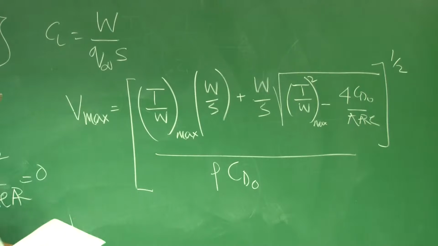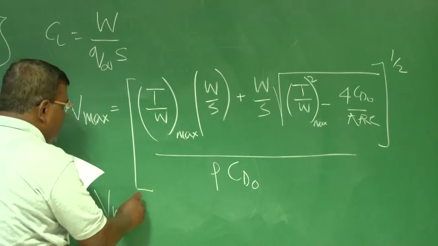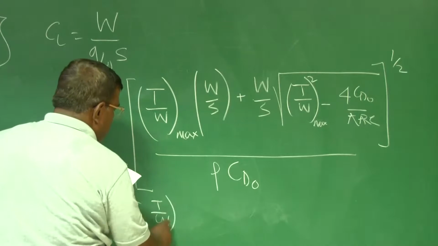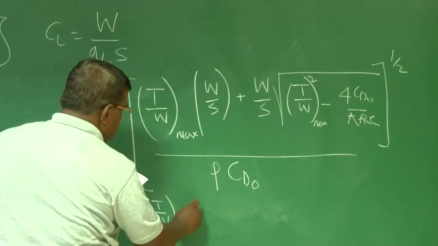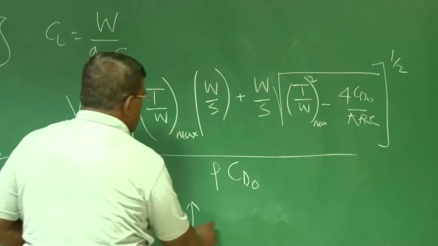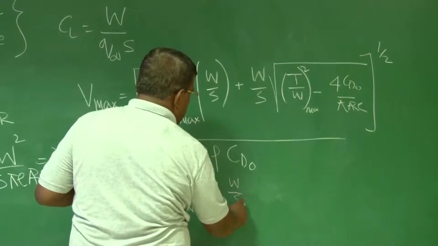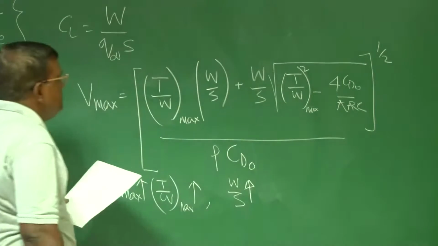So what is this expression telling? That Vmax will increase if T by W max increases. Vmax will increase if W by S increases.